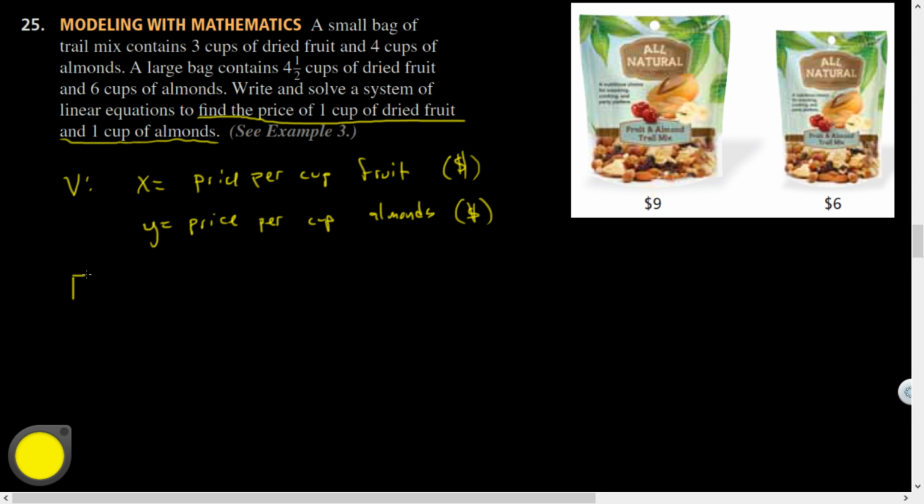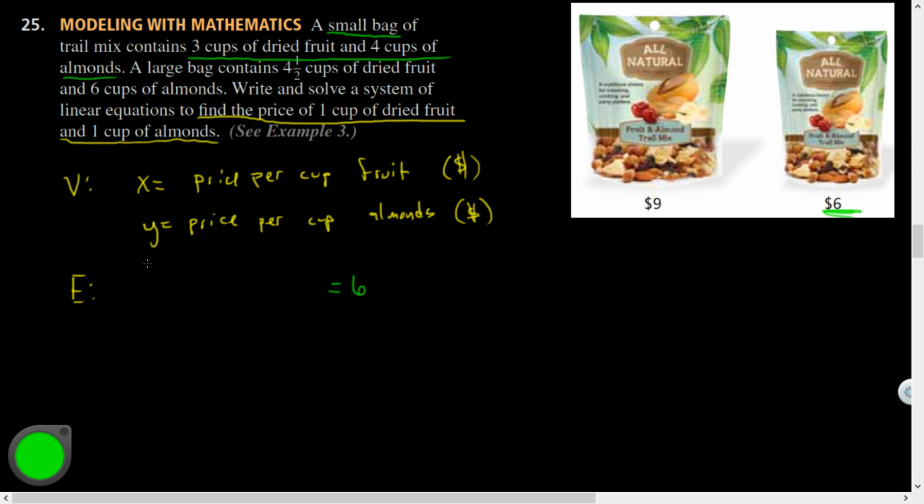So let's write our equations. Now these are the hard parts. Okay. So I've got a fact about a small bag, and I've got a fact about a large bag. I think that I'm going to end up having one equation that relates to things regarding the small bag. And I know the price of a small bag. All right. So what is equal to $6?